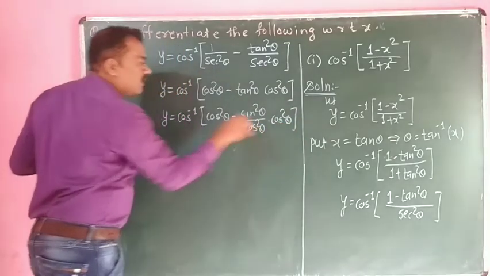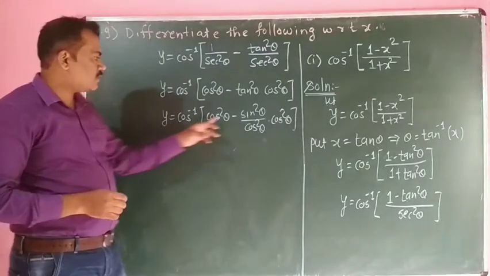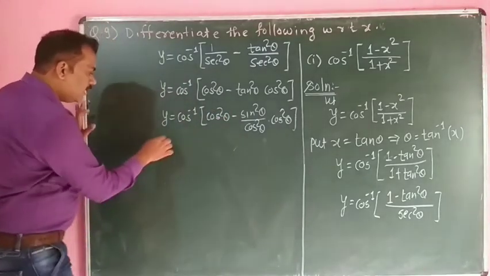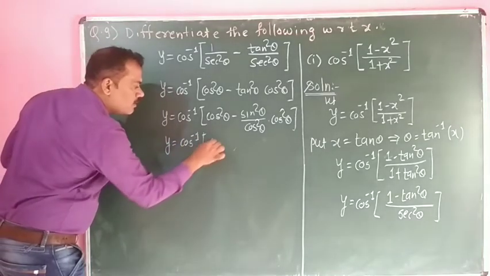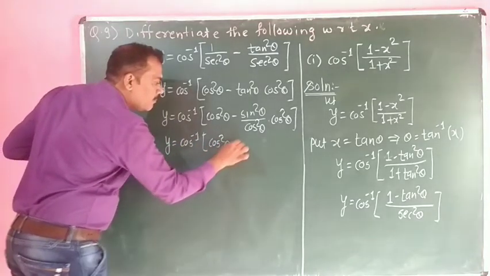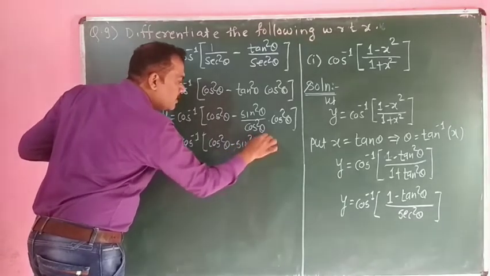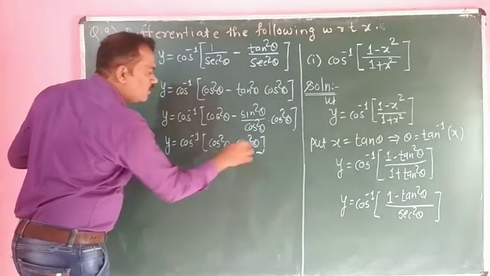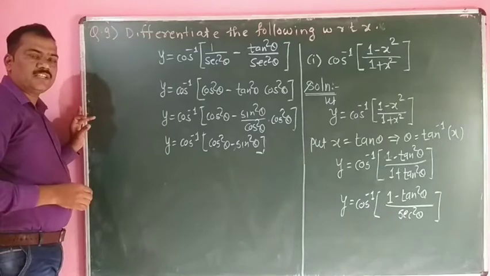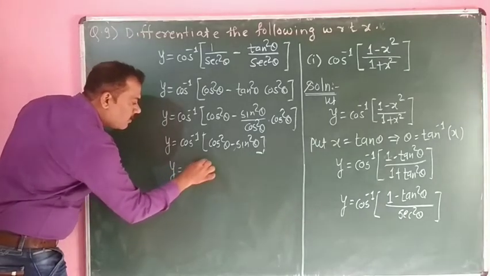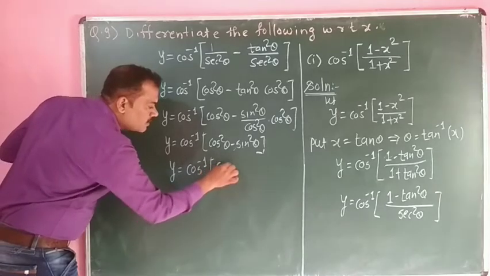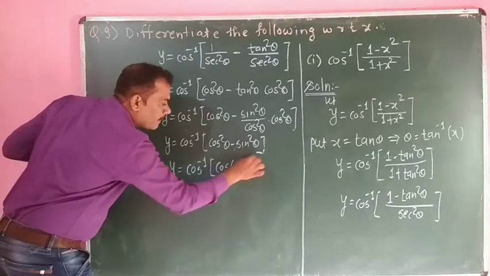That cos square theta gets cancelled. We get cos square theta minus sin square theta. That is y is equal to cos inverse of cos square theta minus sin square theta. And we have to know that cos square theta minus sin square theta is nothing but cos 2 theta. That is y is equal to cos inverse of cos 2 theta.